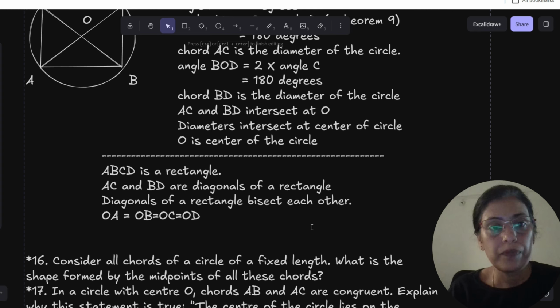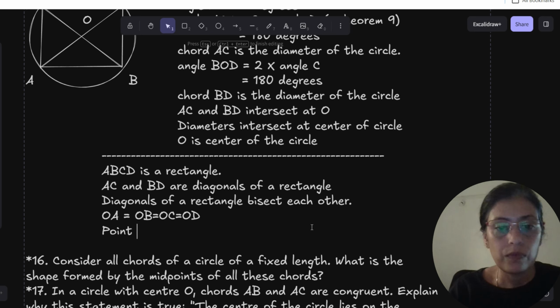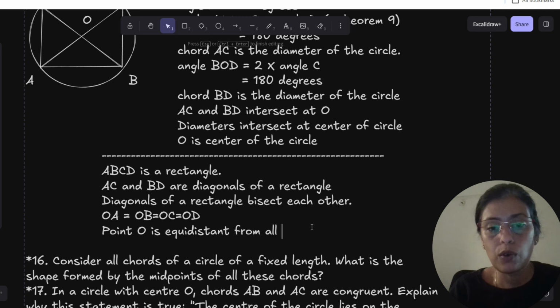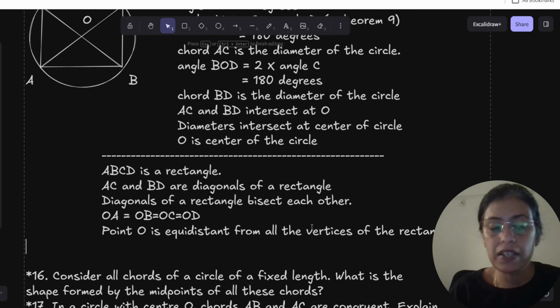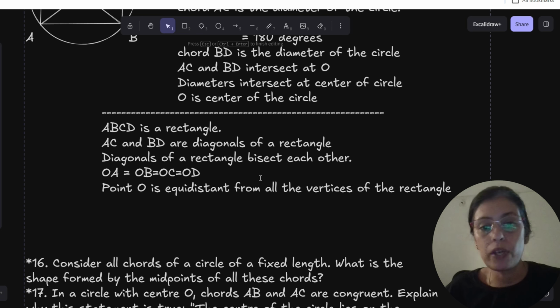So this point O is equidistant from all the vertices of the rectangle, or maybe we can say that it is equidistant from all the 4 points.